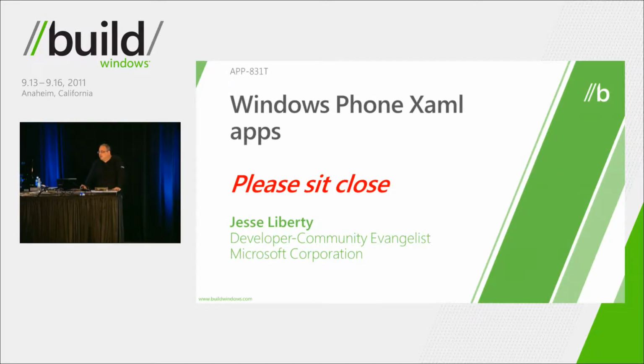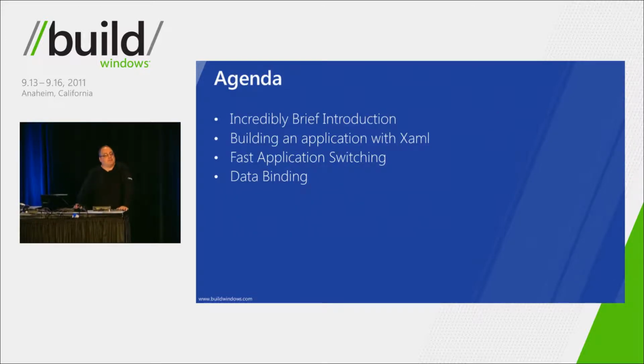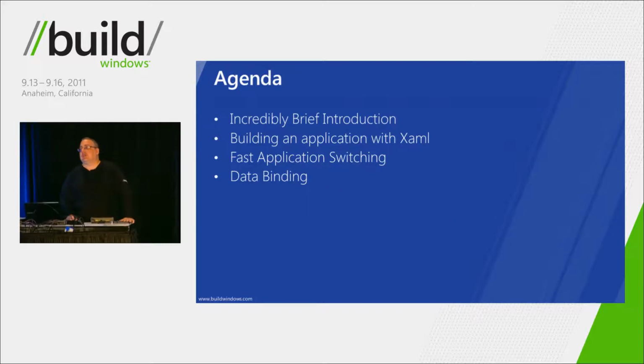Today, we're going to be discussing XAML programming for the phone. We will take a look at building a first application with XAML and some of what can be done with declarative programming. We will then move on to a critical new feature in the latest version of the phone, codename Mango, which is fast application switching.